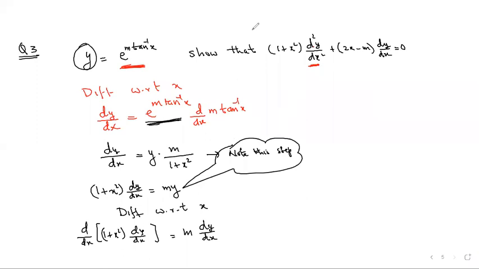So when you apply the product rule, 1 plus x square into the derivative of dy by dx, that is the second derivative d2y by dx2, plus dy by dx into derivative of 1 plus x square, that is 2x, is equal to m into dy by dx.